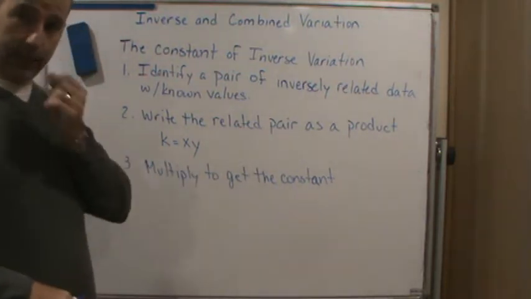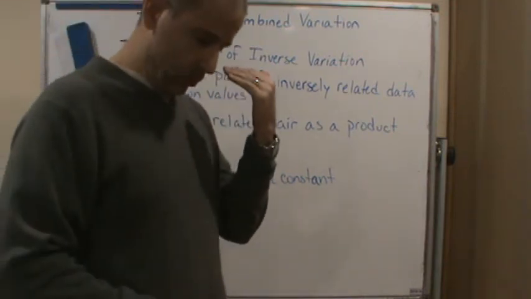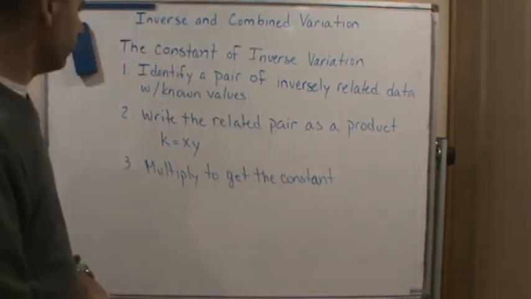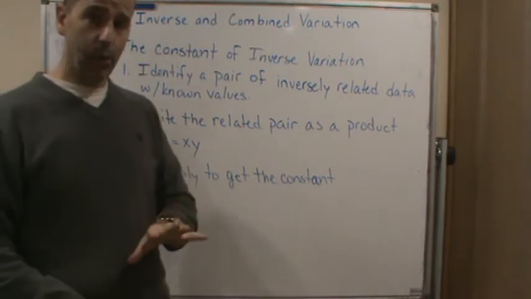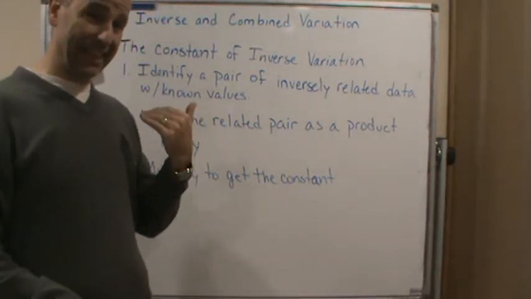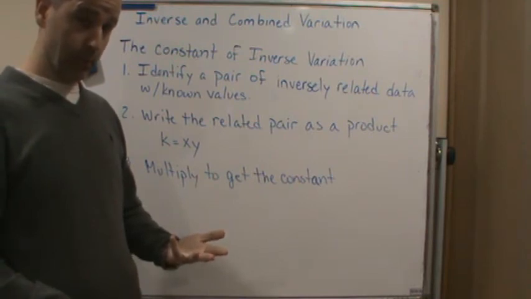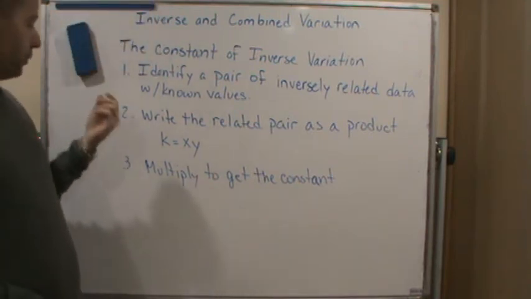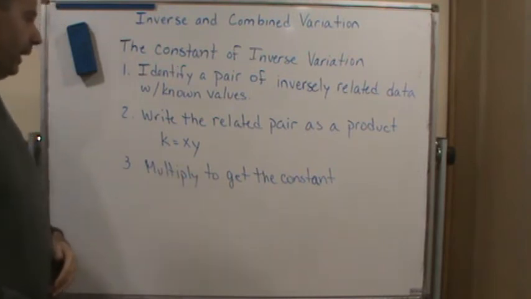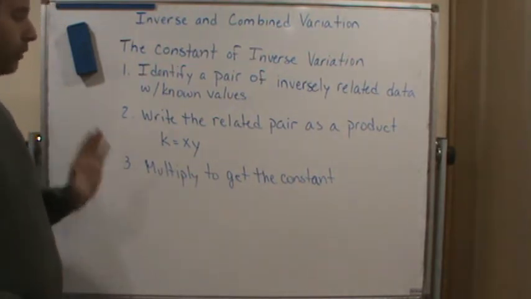So that's one of the results. Now, given that, we have a way to find the constant of inverse proportionality, which is what we call k in this case. So how do we find it?